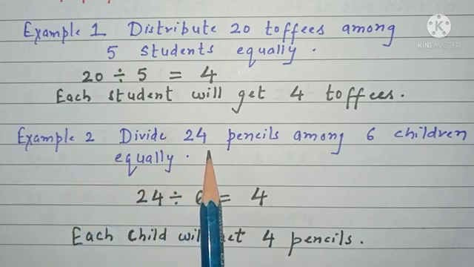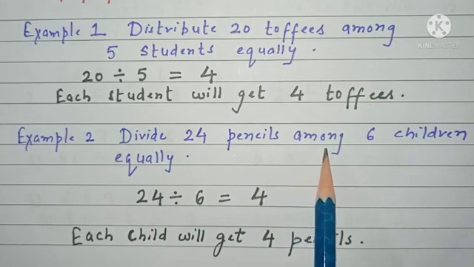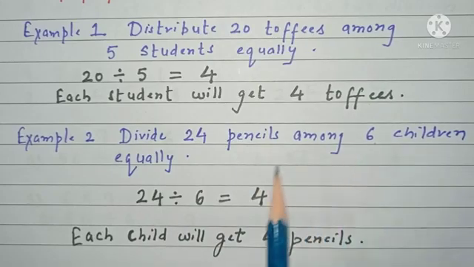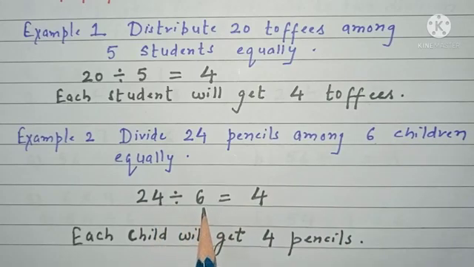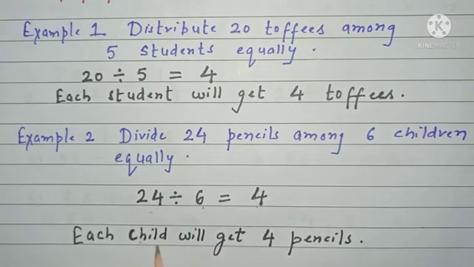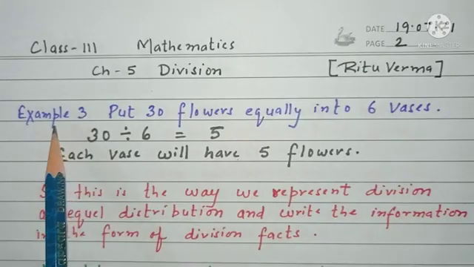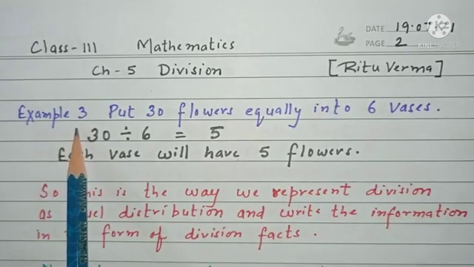Now just look at one more example. Suppose we have 24 pencils and 24 pencils are to be divided among 6 children equally. So, 24 divided by 6. In the table of 6, look for 24. 6 fours is 24. So, that means each child will get 4 pencils. We will see one more example now.